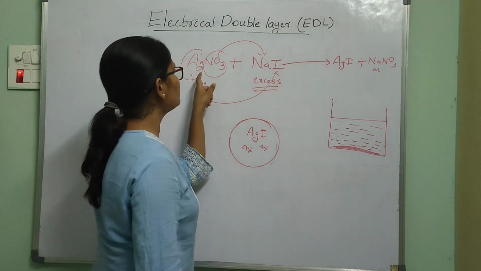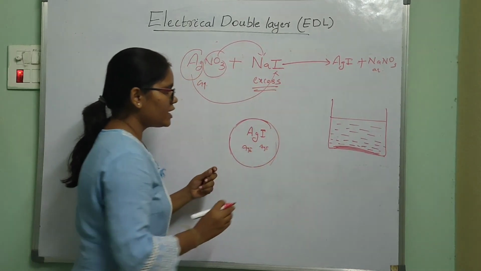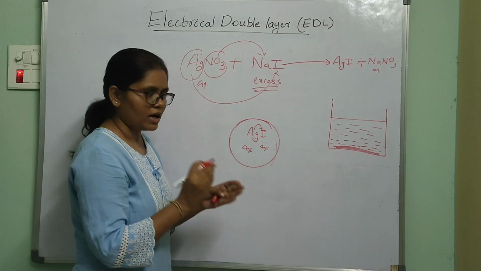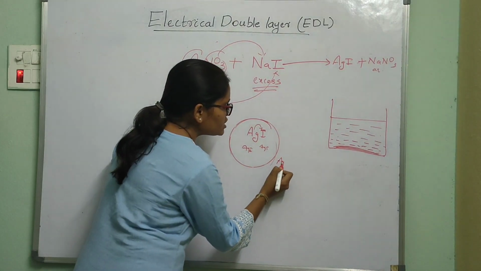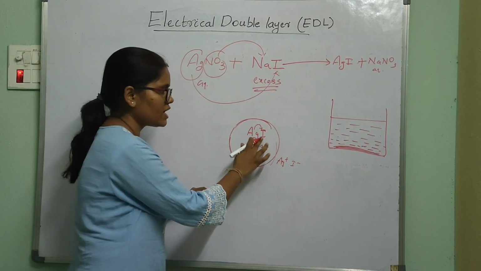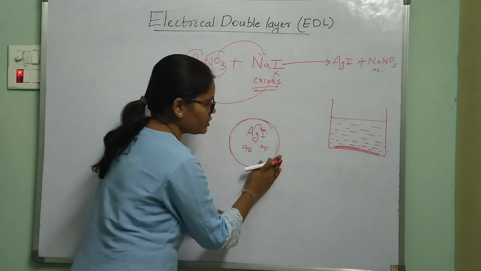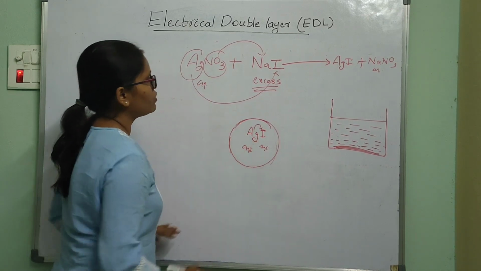Now in the solution, what kind of ions do you have? Silver iodide, the bond between silver and iodine is more covalent, so it will not dissociate into ions in water. It will always stay as AgI, and will not dissociate into Ag+ or I-. Okay. So silver iodide stays as silver iodide only.